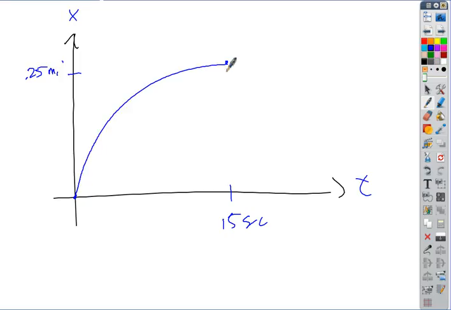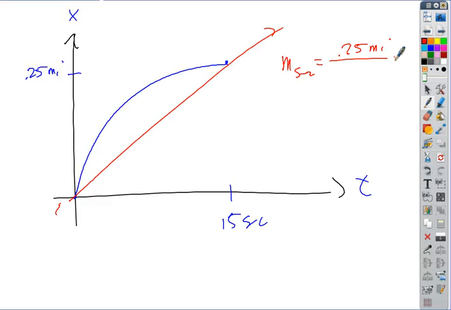But at some point, that average rate of change, which I can calculate, the slope of the secant line, is just rise 0.25 miles over 15 seconds. We'll call that 0.25 minutes, 1 mile per minute, which translates into 60 miles per hour if I want to change the units, right?